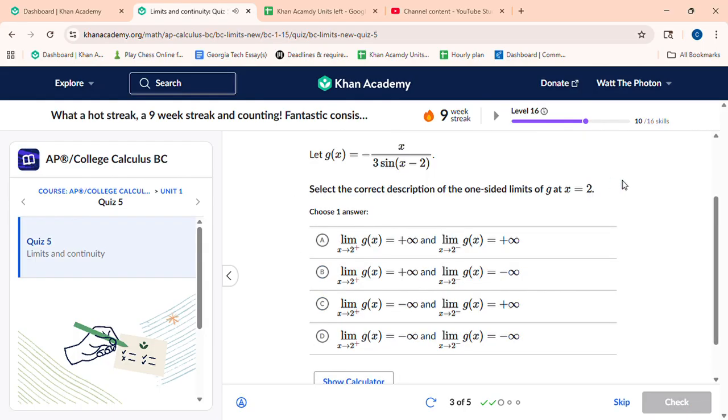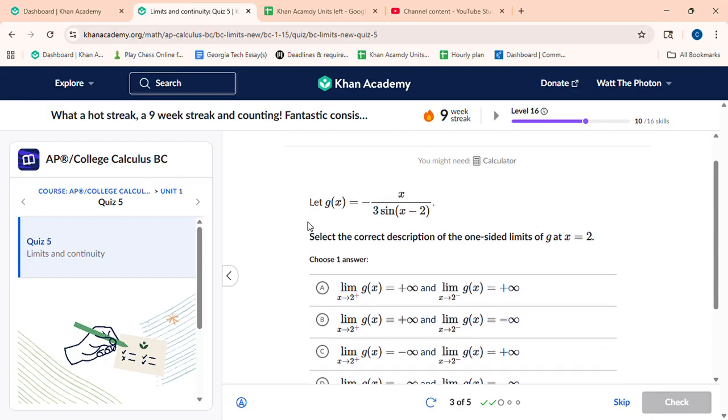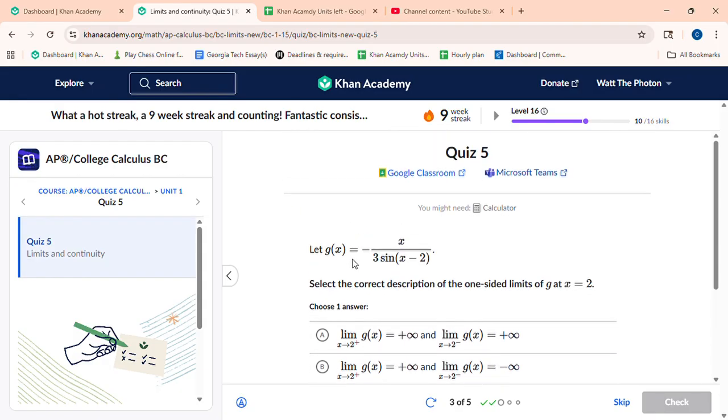G of x is equal to this. Select the correct description of the one-sided limits of g at x equals 2.